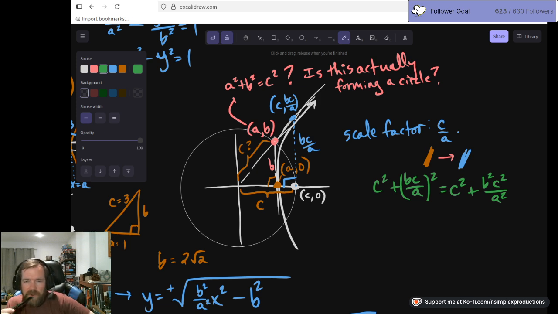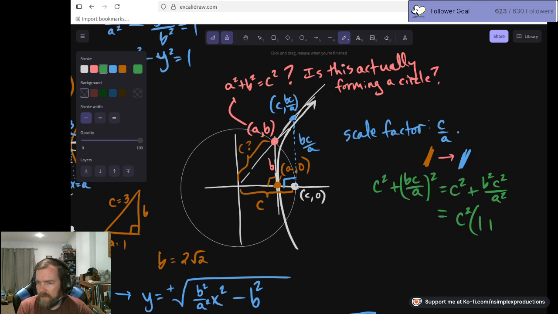I'm just trying to figure out if we can prove that a squared plus b squared equals c squared for the c being the focal length and a and b being our horizontal and vertical scale factors, or horizontal and vertical distances. So I'm not saying I'm skeptical, but it's one of those things. I'm not 100% sure that that's true. So I want to just prove it to myself, I guess.